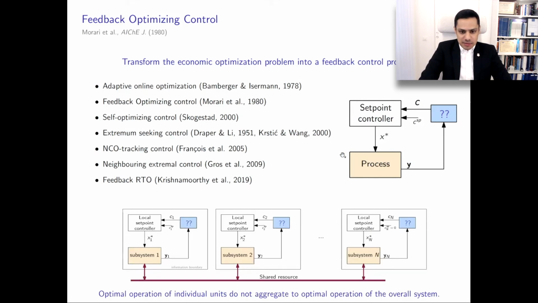In large scale systems, it becomes easier to design such feedback optimizing control for small subgroups of processes or for small subunits. This typically leads to a decentralized control structure where some clusters of operating units are optimized locally without any coordination. However, when the system is coupled in one form or the other, system-wide optimal operation does not necessarily result from the aggregates of individual operating units in a decentralized fashion.